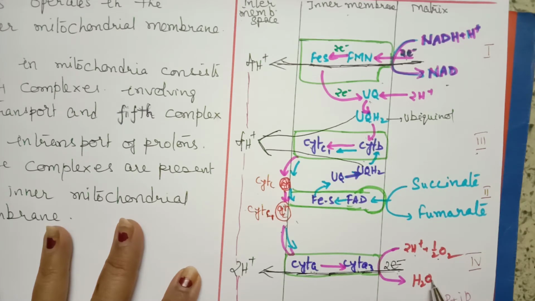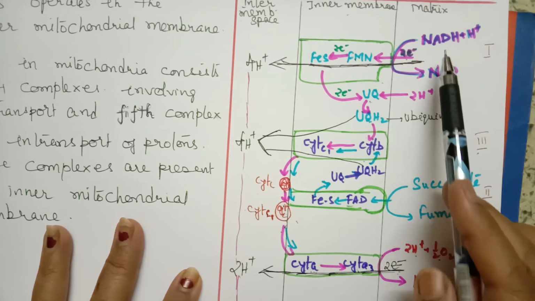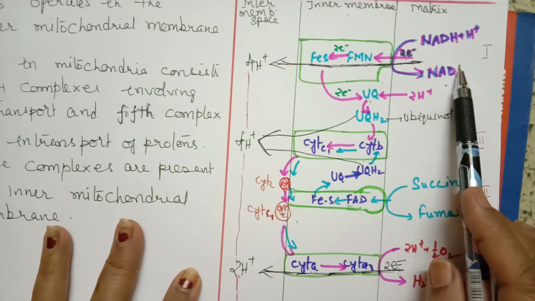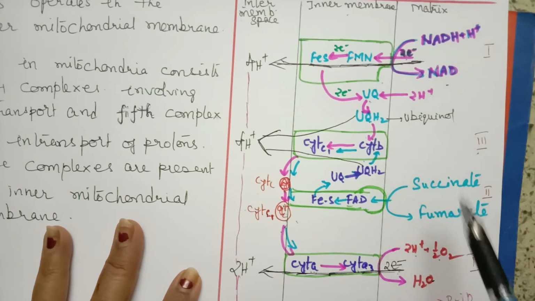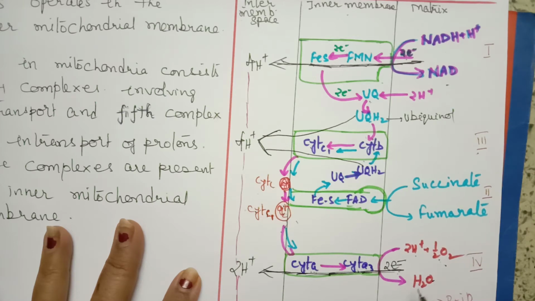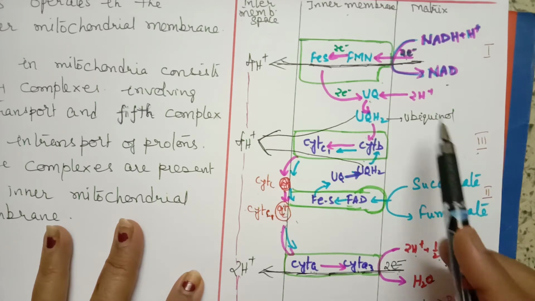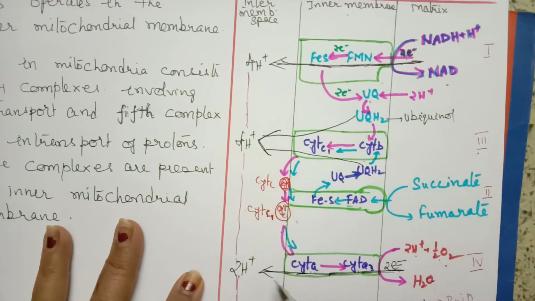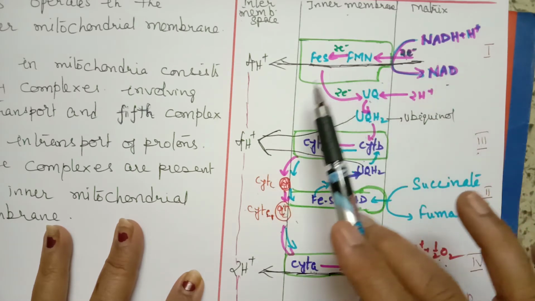This is called a metabolic water. So when NADH2 from matrix is oxidized, it requires half O2, that means one oxygen atom, and it releases one water molecule. So this is the electron transport for NADH2.